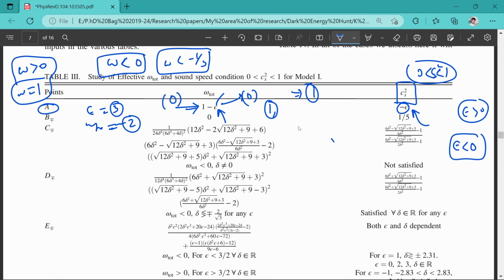If you take epsilon to be -2, we can throw away this quantity and omega total becomes -1, and you can take epsilon to be -2.12 and so on. So this point can cross the phantom barrier, and you can investigate more about these things.